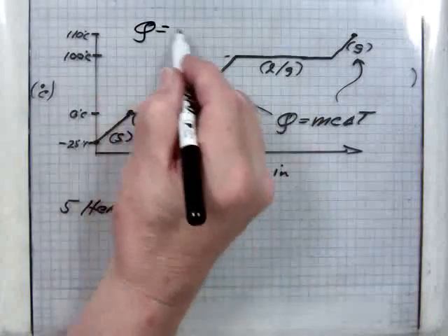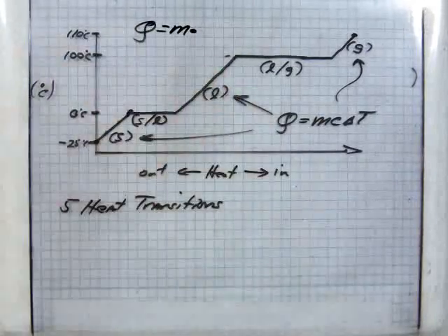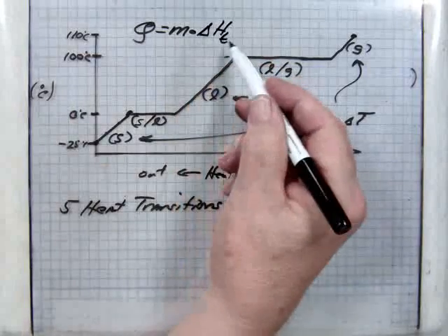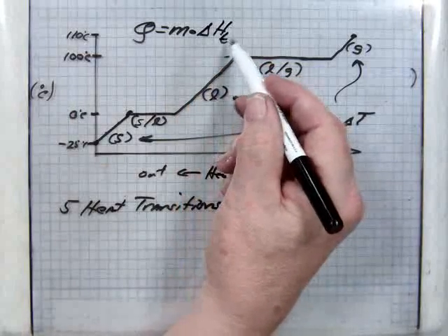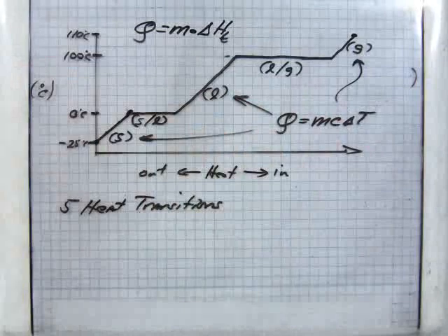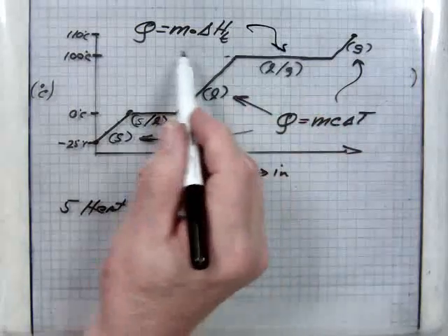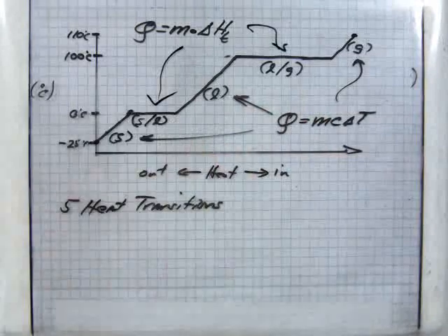Q equals the mass that's undergoing the change times your transition constant. Now that transition can be either vaporization or fusion. And so those deal with these two regions right here.